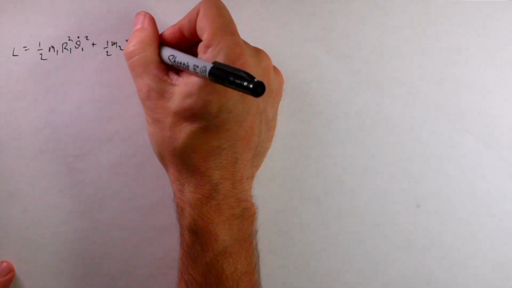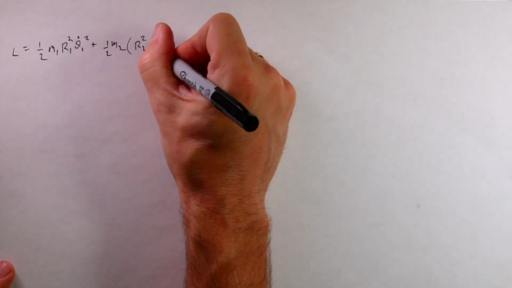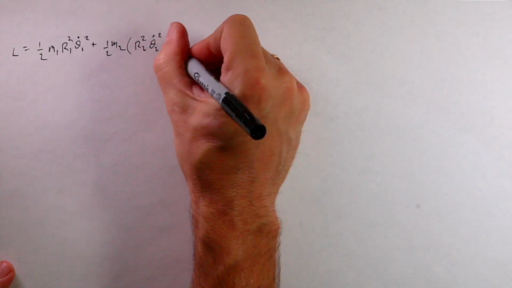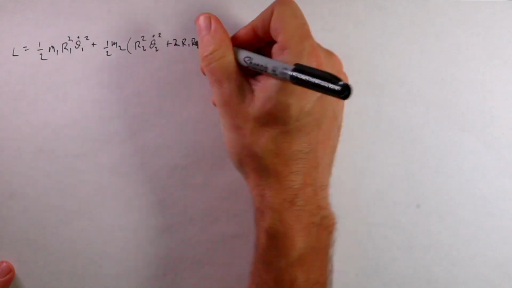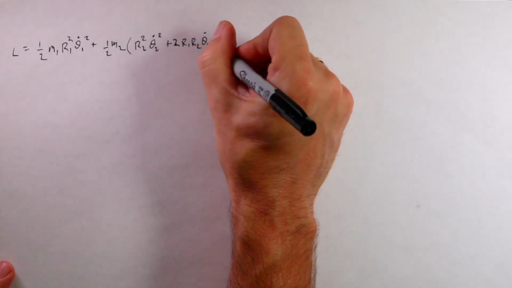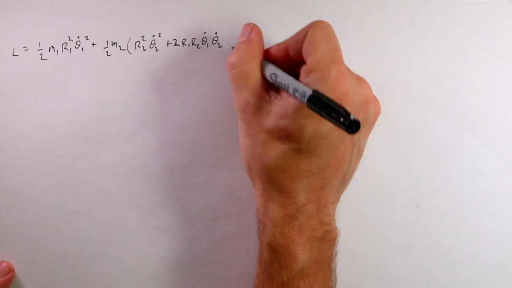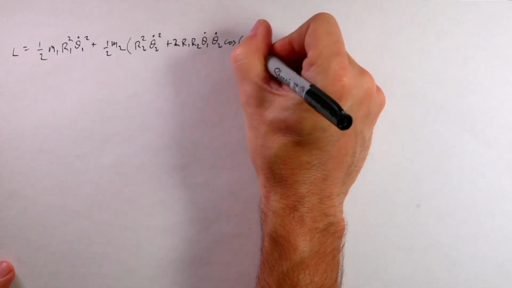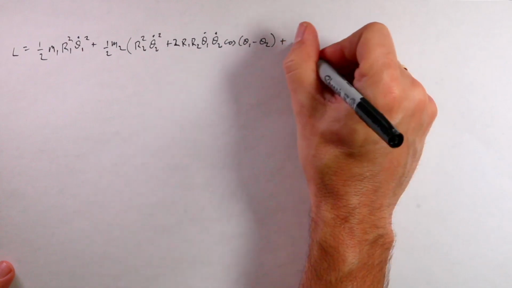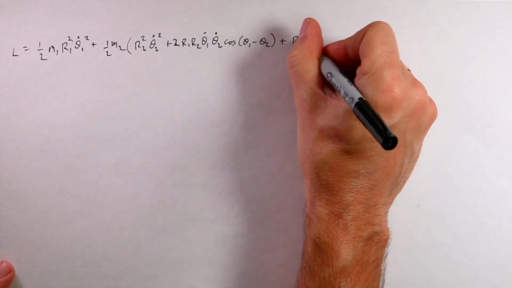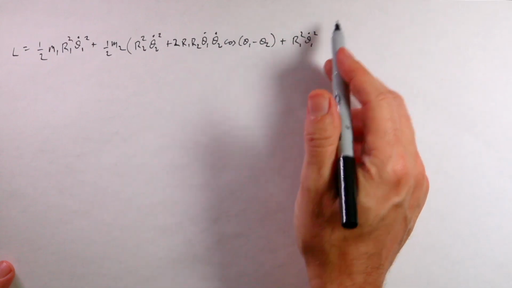Now this term's a little bit longer, so it's going to be r2 squared theta 2 dot squared plus 2 r1 r2 theta 1 dot theta 2 dot cosine of theta 1 minus theta 2 plus r1 squared theta 1 dot squared. That's that other term in there.